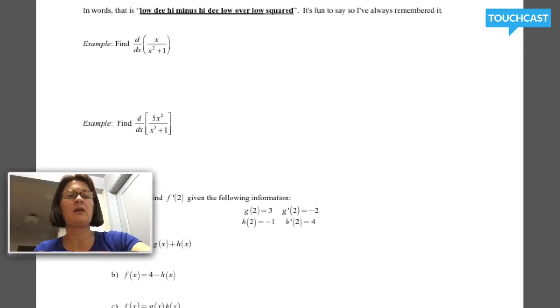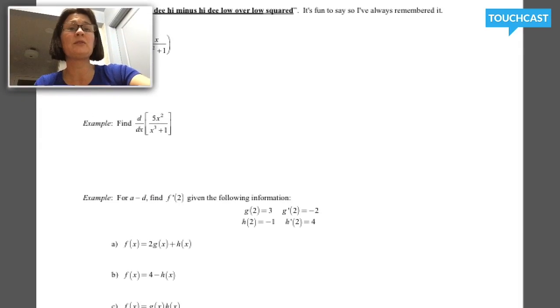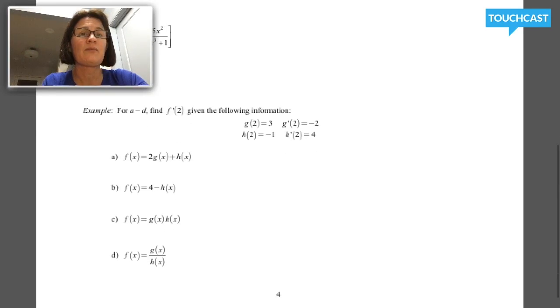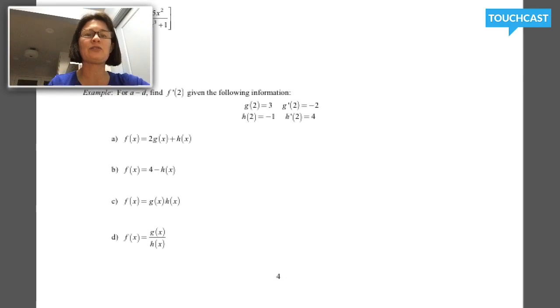And let's come up here. This last problem, it would be very common to see a problem like this on the AP test. So how about I do 2 of these and leave the other 2 for you. So in each case, we've been given a function f of x that seems to be in the style of some of these functions that we've learned to take derivatives of in this lesson.